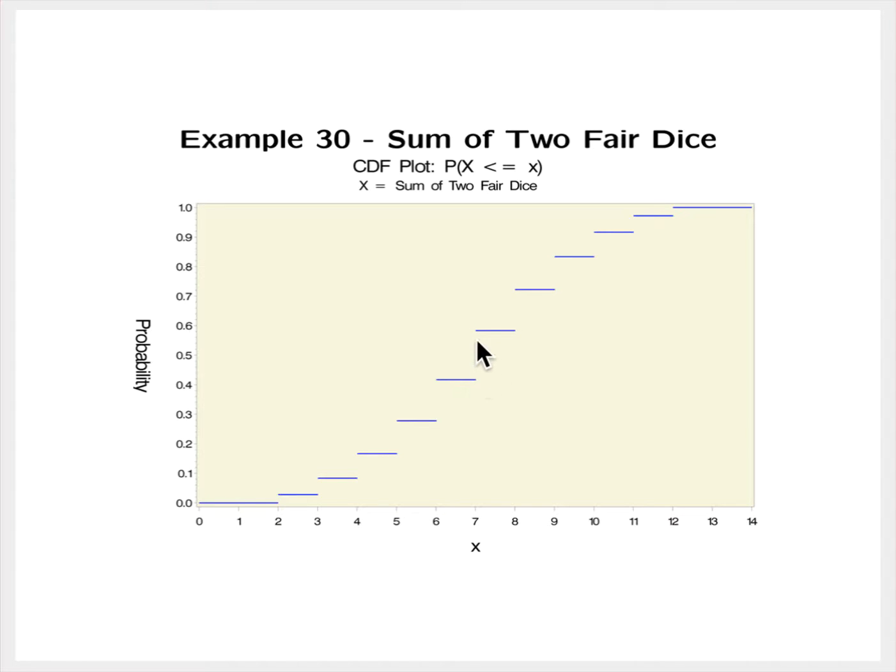So the jump height is equal to the probability associated with that point. And the other point that I would make is that you have these jump points only at the values of x that are in the sample space of the random variable. Over intervals that don't include these jump points, the CDF remains constant at a particular value.